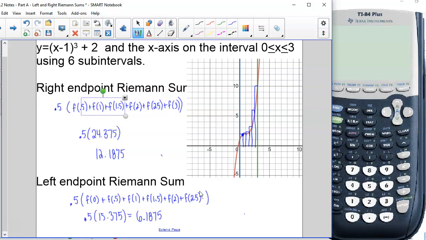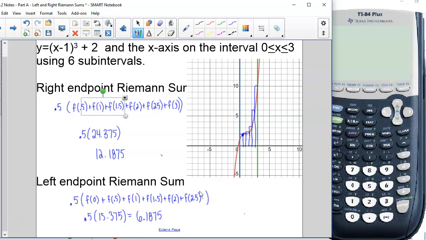12 rectangles was better than 6 rectangles, right? So 20 rectangles would be even better, right? 100 would be even better. What would be the best if we could do it? How many rectangles? Would 1,000 be better? What about 1,000,000? Infinity rectangles.